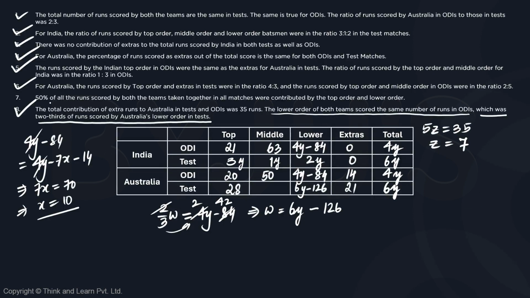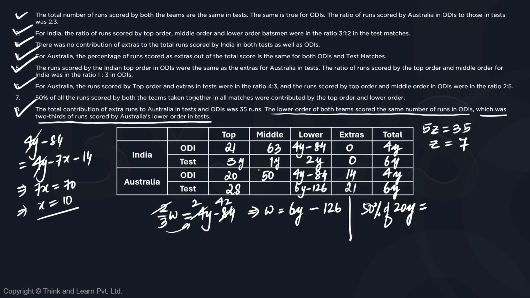Let's go back to the 7th statement. It says 50% of all the runs scored by both the teams taken together in all matches were contributed by the top order and lower order. So this is another equation that we are going to have. As per the statement, the total runs scored is 10 plus 10, 20y. So we can say 50% of 20y is by top and lower order.